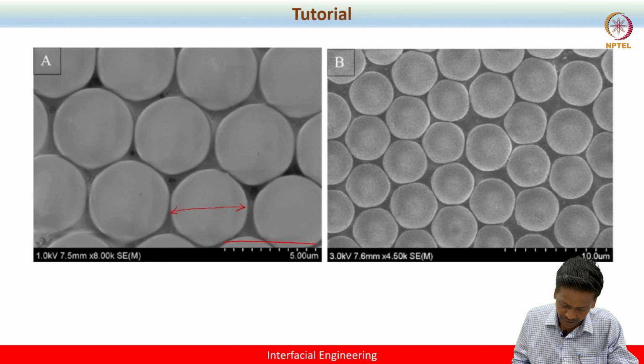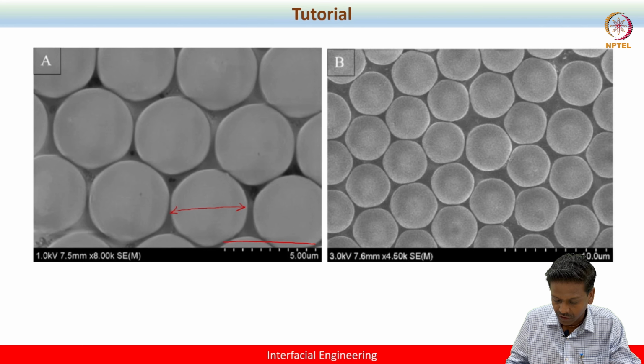If I place this scale bar and try to fit it to this particle, I can actually calculate the diameter or size of the particle. In this way, one can reduce the diameter for a large number of particles.